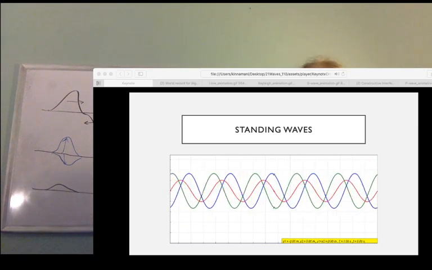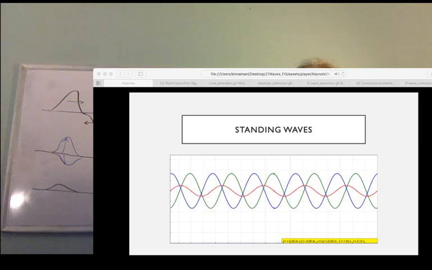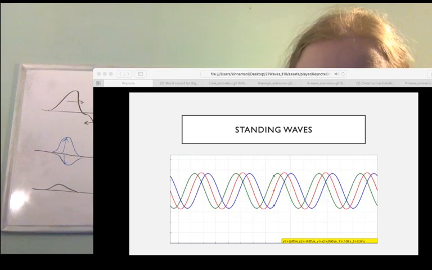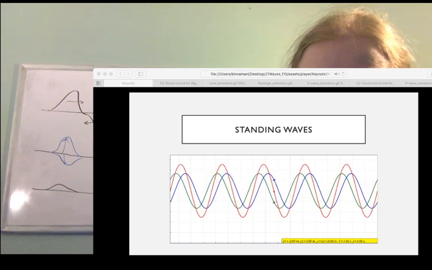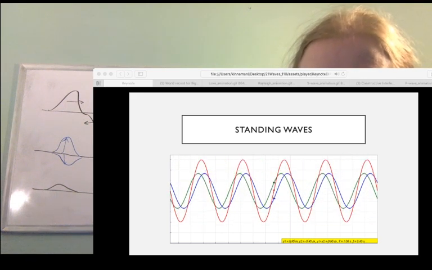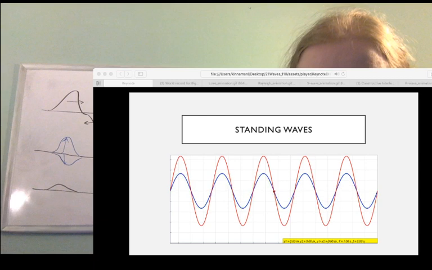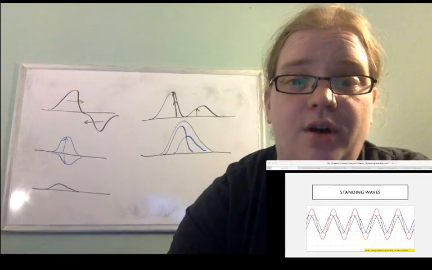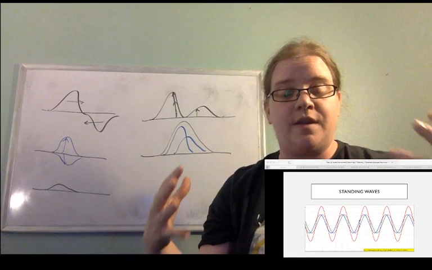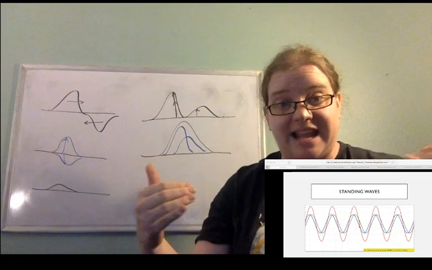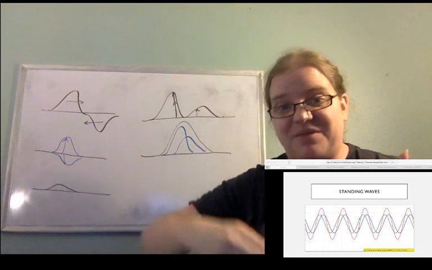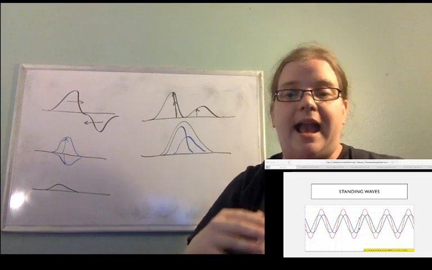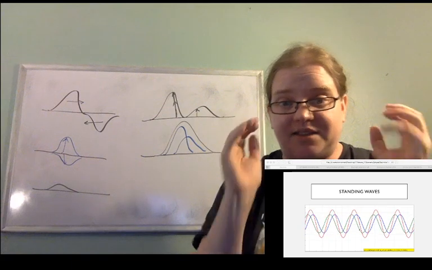And if you just look at the red wave and ignore the others, you'll see that the position of the peak never changes. So if you pick one of the peaks for the red wave, it just seems to go up and down, up and down. It doesn't seem to be moving. That's why it's called a standing wave. The red wave is kind of standing in place. It's almost like the person doing the thing where it's just up and down, just in their own location. But that's the displacement of the wave.